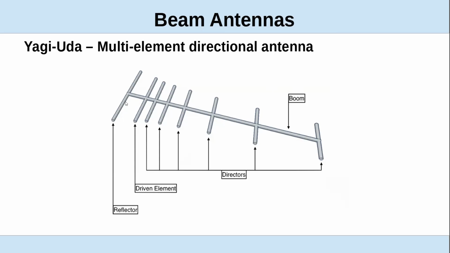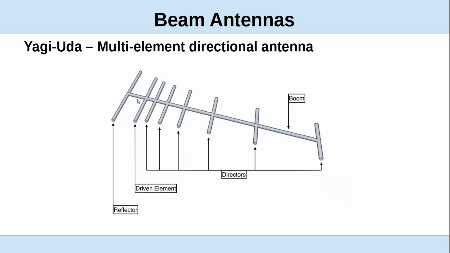you get a reflection of the signal from the driven element, and the spacing between these two is such that because there's a 180-degree phase shift, when it reflects back off of the reflector, at some point it comes in phase with the signal off the driven element, so it adds to it.